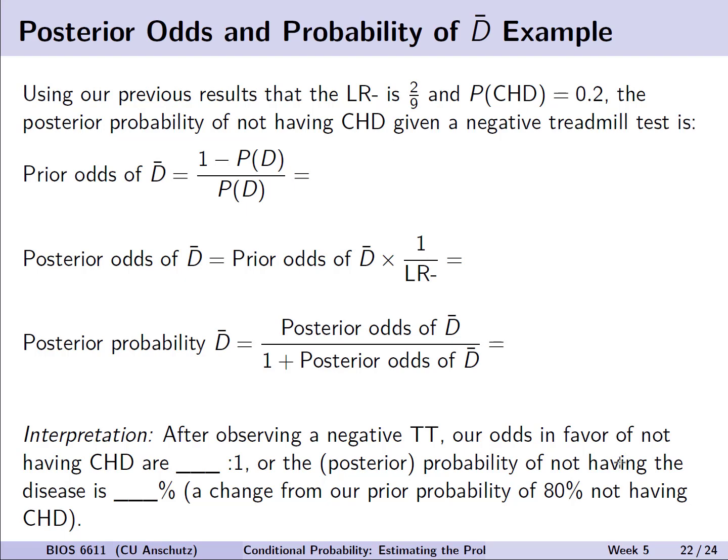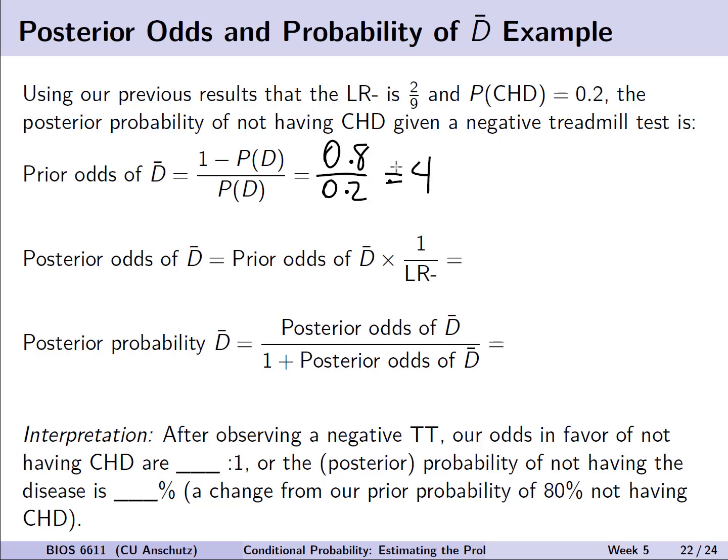Okay, let's start by calculating those prior odds of not having the disease. Again, from our equations we saw before, it's simply going to be that 0.8, or the probability of not having the disease, divided by our prevalence of 0.2, which will be equal to 4.